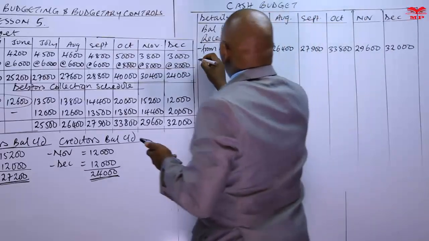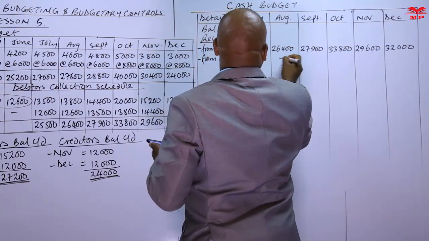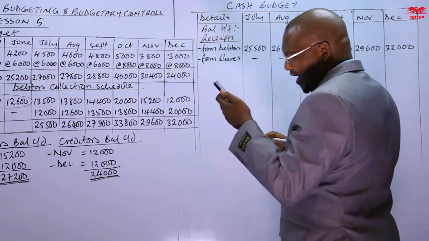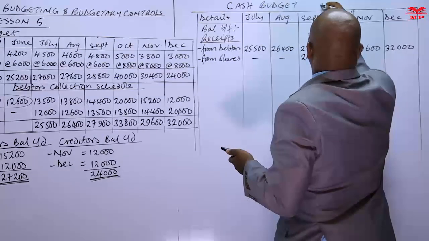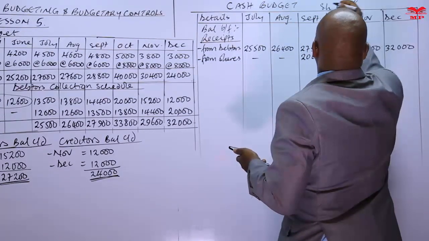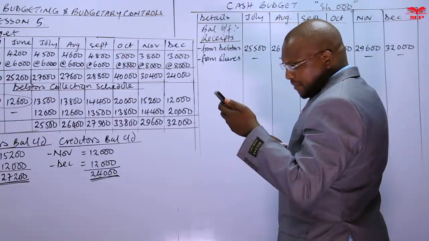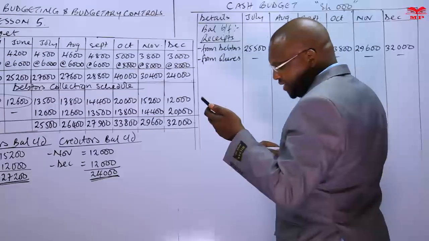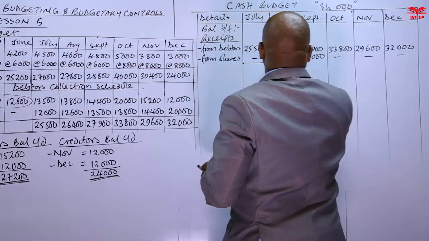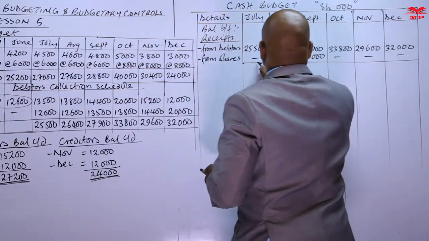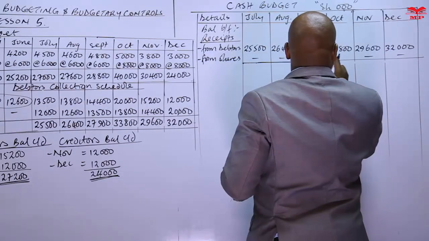So from shares in September, we shall receive 20,000. The figures are in thousands, so this is shillings in thousands. Numbers 10 and 11 are about dividends to be paid. We don't have any other cash receipts.